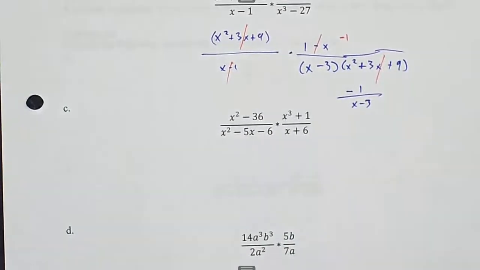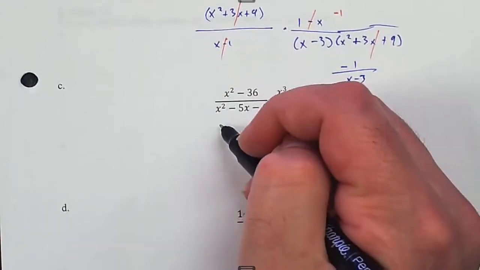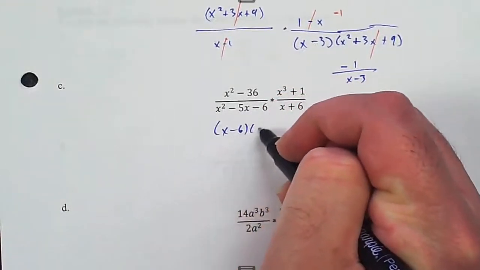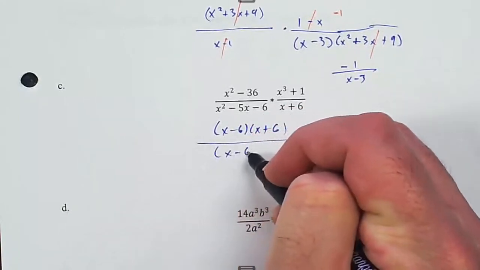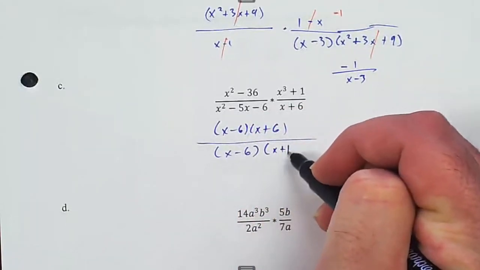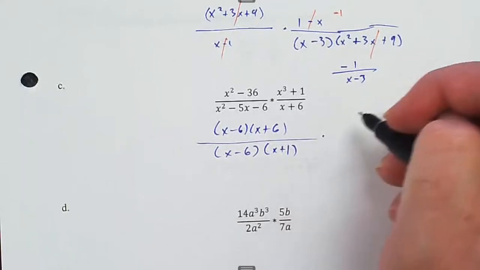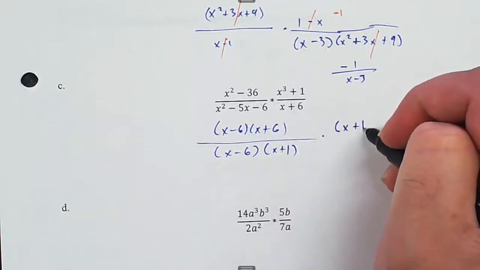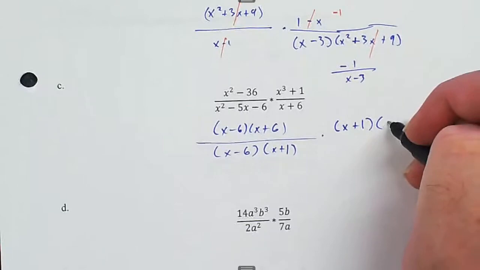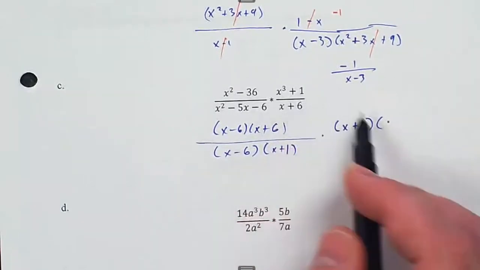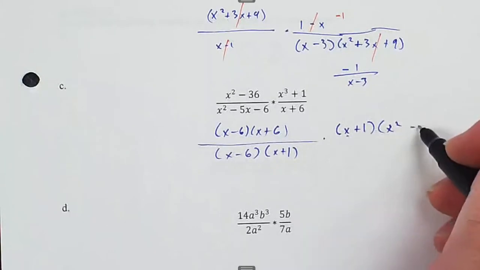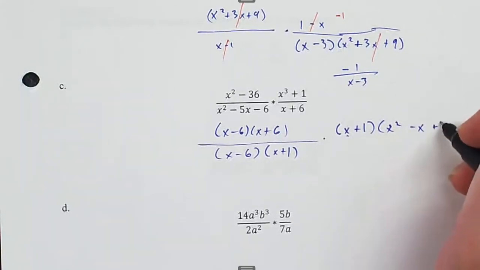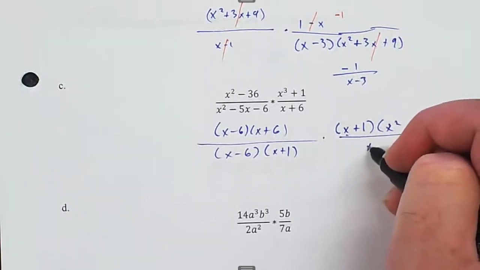All right, on letter C, we have x minus 6, x plus 6 over x minus 6, x plus 1. x cubed plus 1 is x plus 1 times, now remember, cube root, and then we look here, square the x, multiply the two together and change the sign, square the 1, over x plus 6.